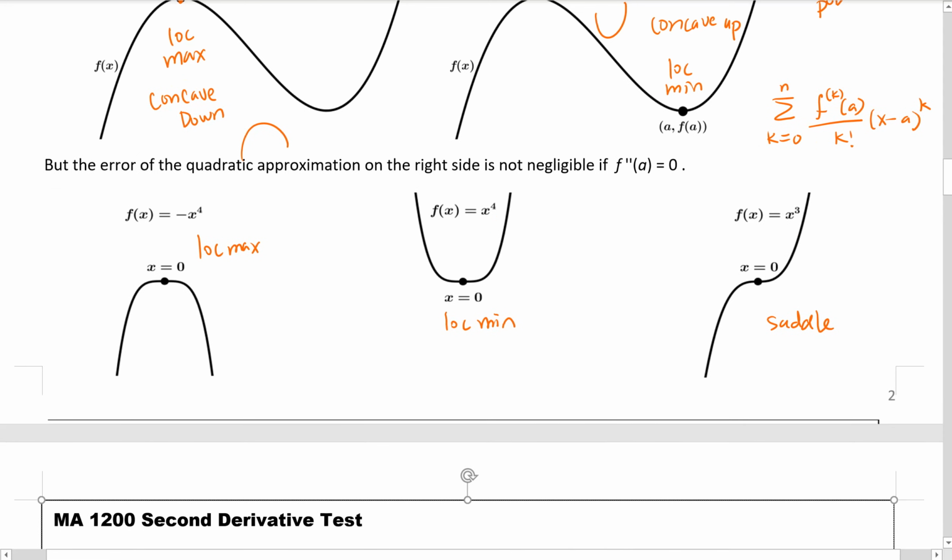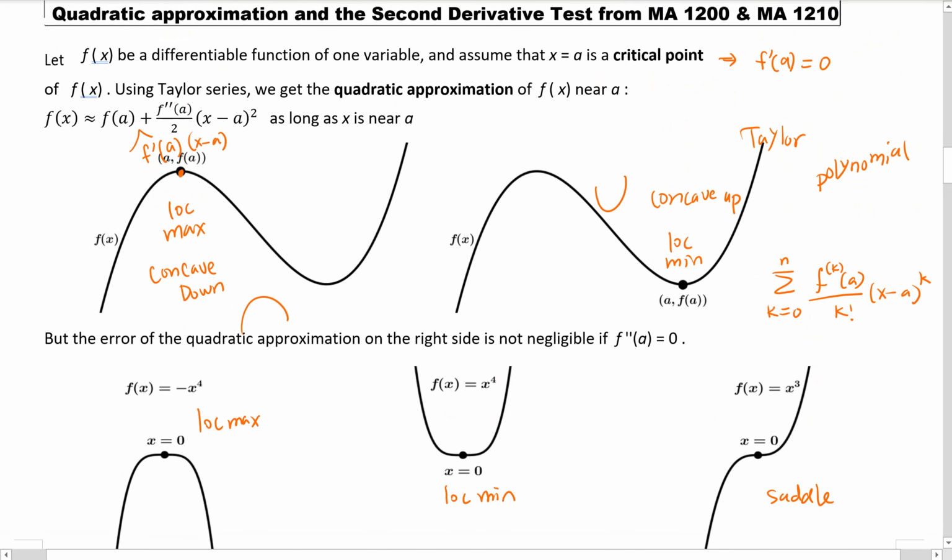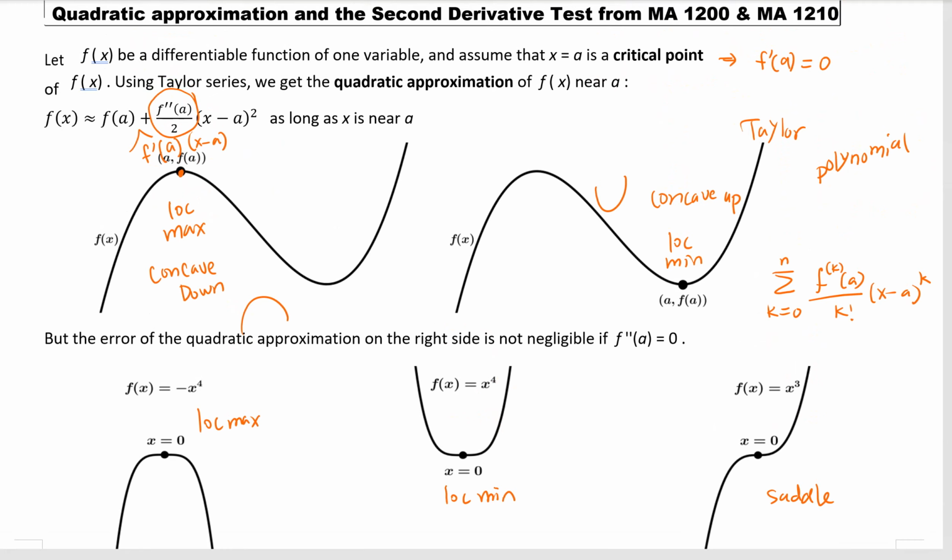Why is that? Let's go back. This is a quadratic approximation, a quadratic function, right? And we look at the leading coefficient. If it's positive, then the parabola opens up. If it opens up, then we have a local minimum.